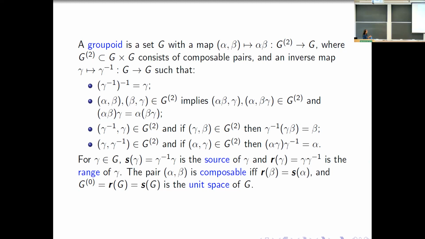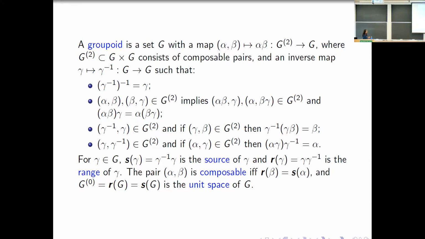That's how we talk about composable pairs, which I denote by G squared. Then in the groupoid we have the inverse, which sends any element gamma to its own inverse, and satisfies the following conditions. Basically, if you have a composable pair that is associable with another composable pair, and you take the inverse twice, you return to the original element, and so on.